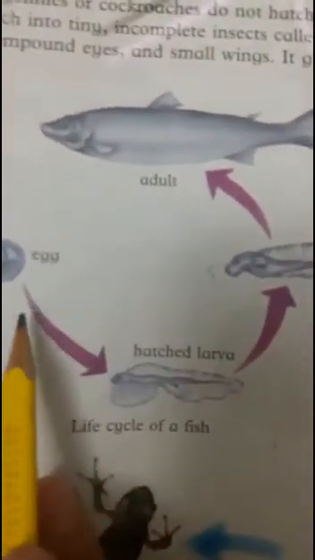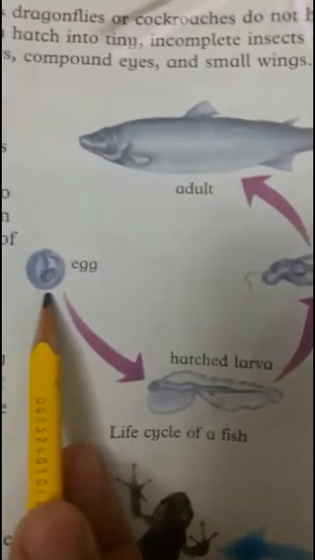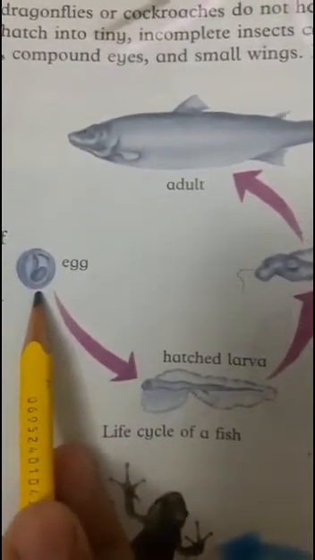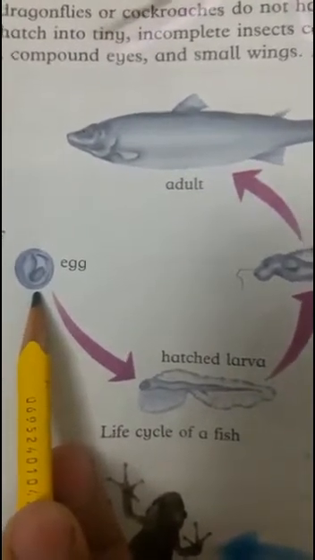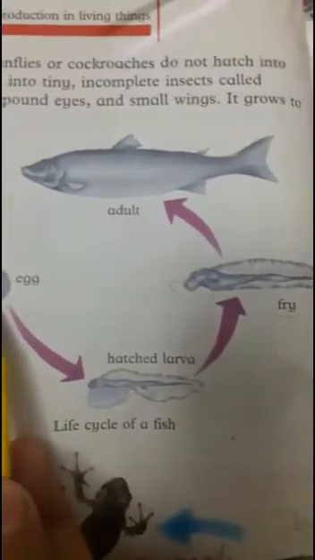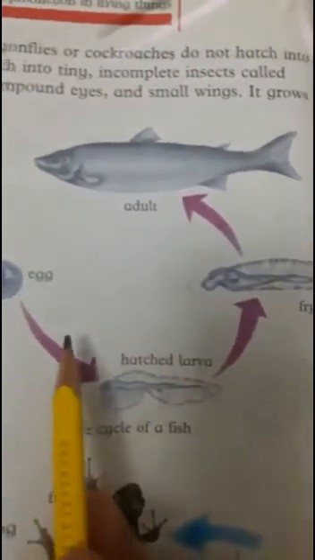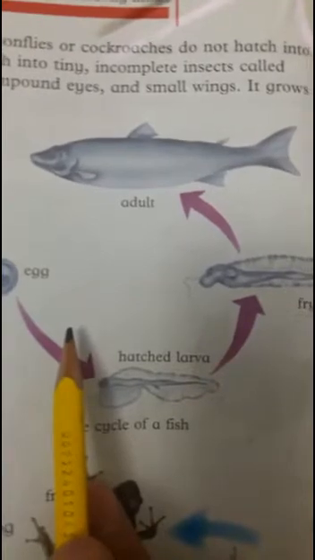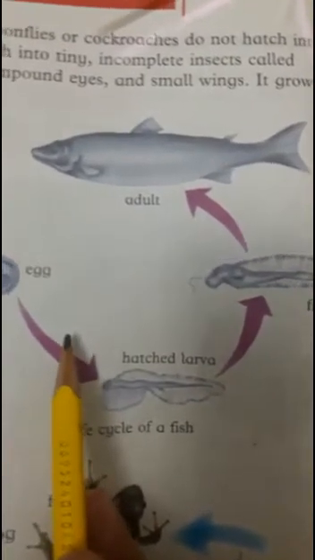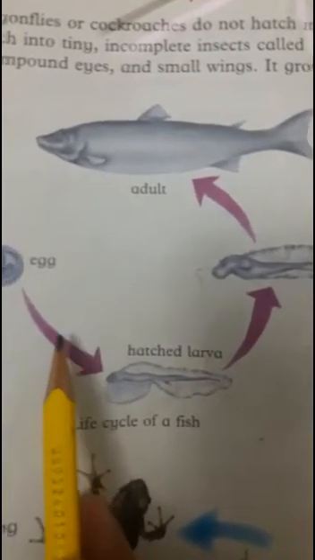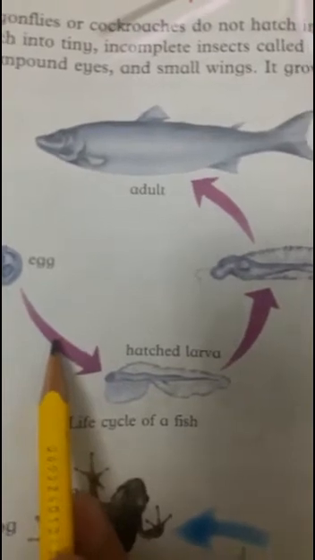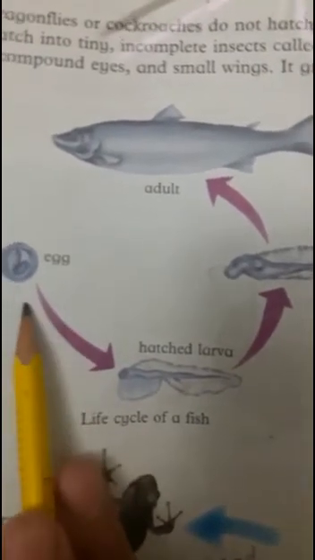Now in most fish, the female lays batches of eggs in water. Baby fish called fry begin to swim about and feed as soon as they hatch. The female of some fish, such as the sticklebacks, lays eggs in a nest in the water.